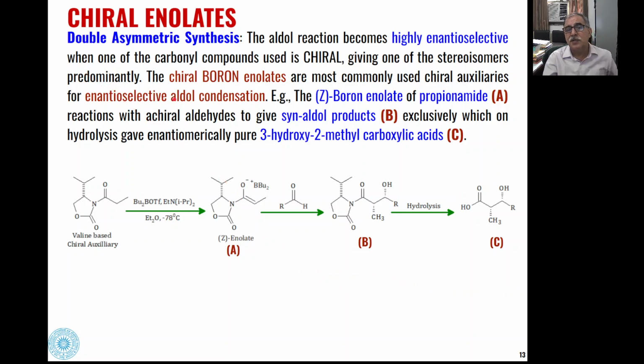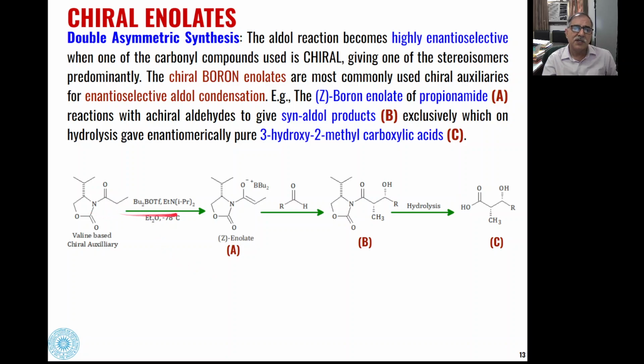Then there are chiral enolates. The most commonly used reaction for these types of synthesis is the aldol reaction, and here also we can use these types of valine based chiral auxiliaries as the starting materials for the synthesis of aldol products.